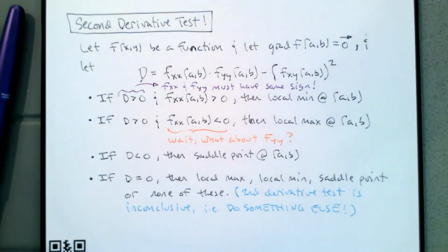So that's why we only had to worry about one of them. D is positive tells us that Fxx and Fyy have the same sign, so we'll have the same concavity in both directions. So I only have to worry about one of them because the other one is just going to match.